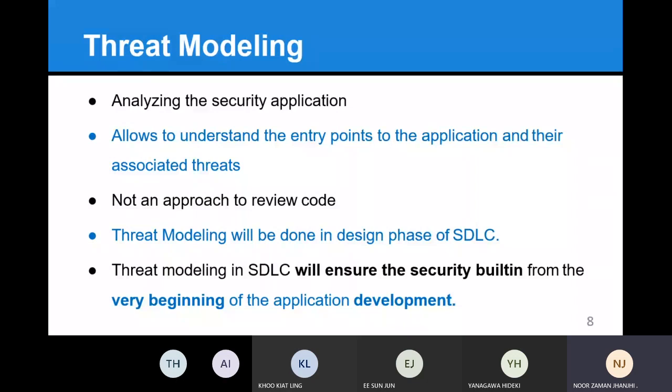Now for the threat modeling, what we are normally going to do is analyze the security applications, whatever application we have, because we cannot design a threat model until we know the weaknesses of the system, the points of exploitation, the threats about the system, and the points of the vulnerabilities.